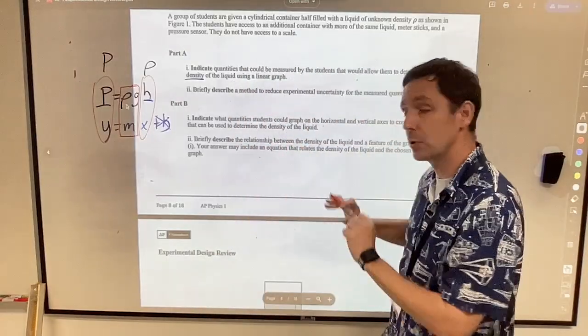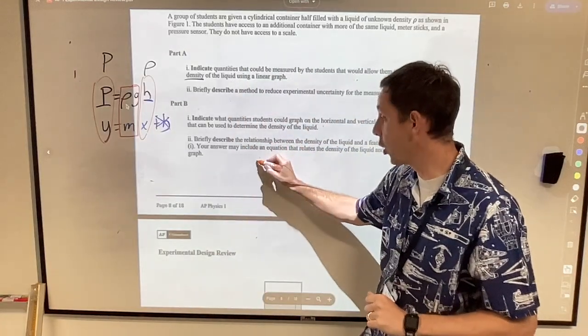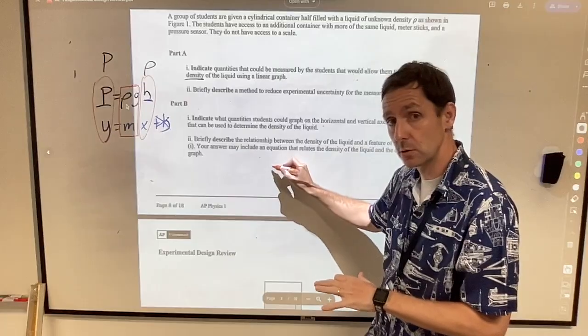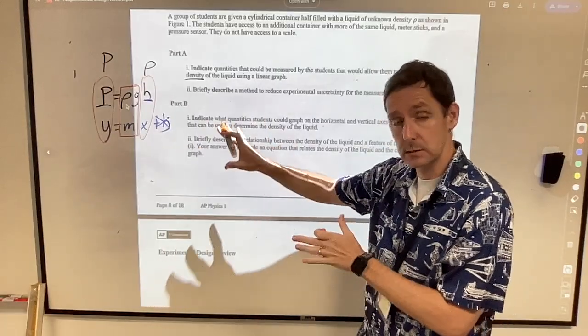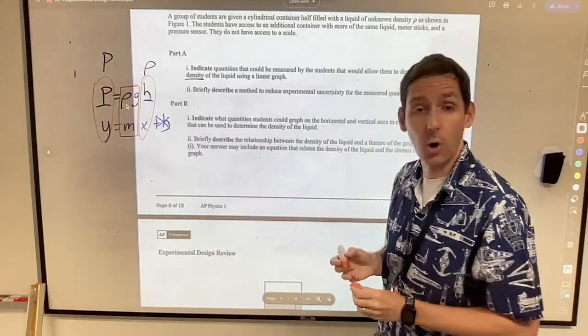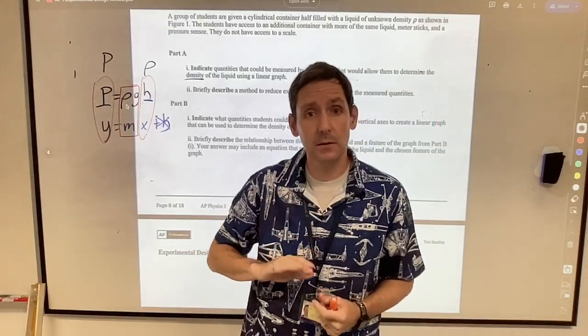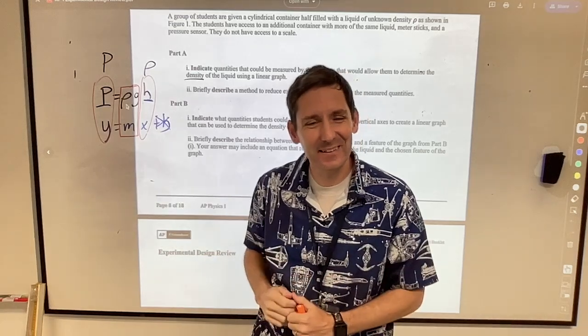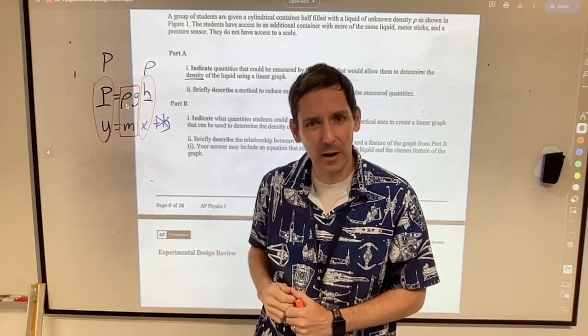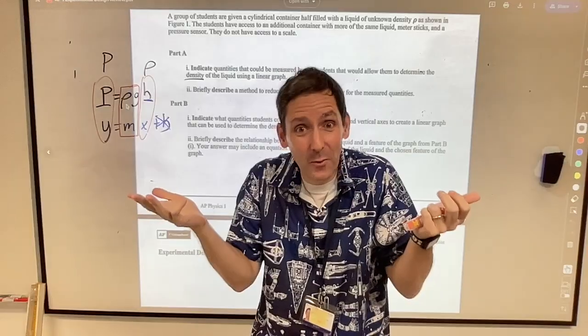And so that's all you would write here. You would say the slope is equal to the density times g. And so all I need to do is take the slope and divide by 9.8, and the result is the density. All right? Cool, right?